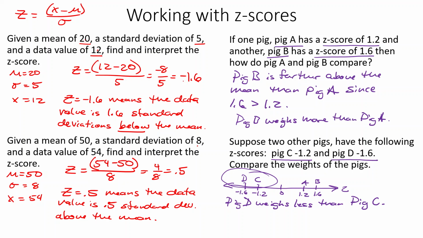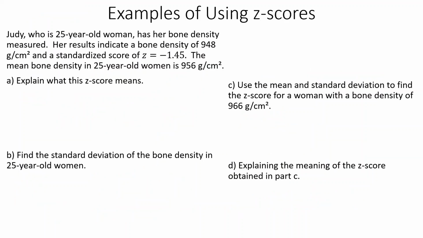All right, and one more example here. So this is kind of the tough one. Judy, who is a 25-year-old woman, has her bone density measured. Her results indicate a bone density of 948 grams per centimeter square and a standardized score, or z-score, of negative 1.45. The mean bone density of a 25-year-old woman is 956. Explain what this z-score means.